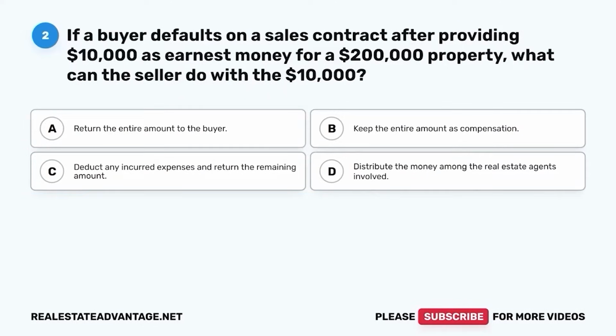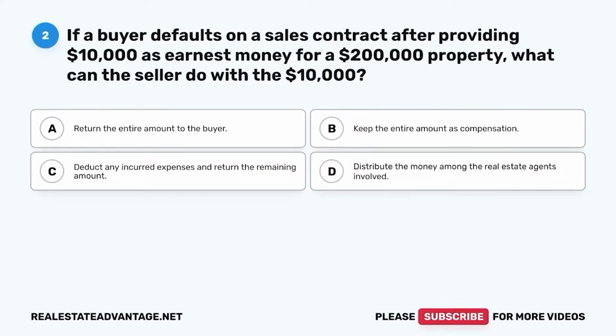Question 2. If a buyer defaults on a sales contract after providing $10,000 as earnest money for a $200,000 property, what can the seller do with the $10,000? A. Return the entire amount to the buyer. B. Keep the entire amount as compensation. C. Deduct any incurred expenses and return the remaining amount.